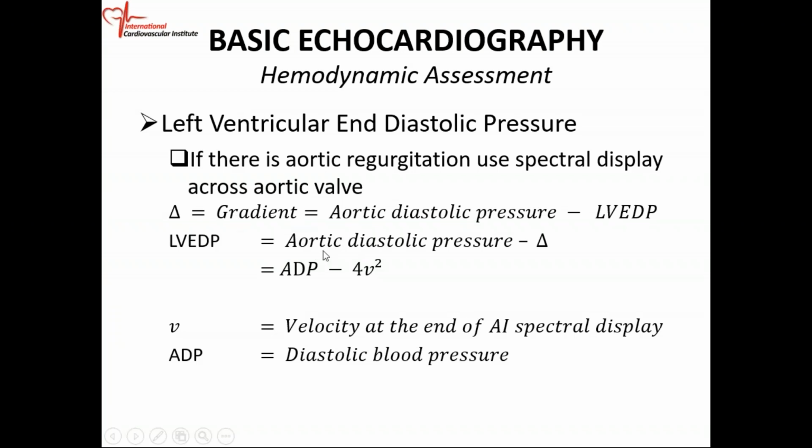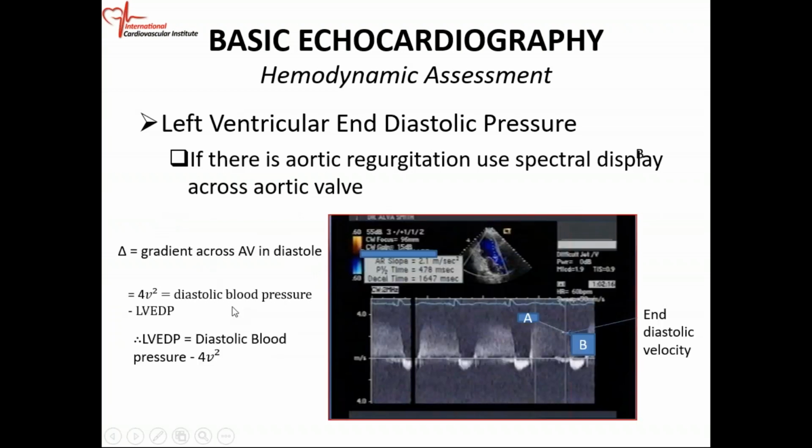And the gradient is equal to 4v squared. So your aortic diastolic pressure minus 4v squared, that's your left ventricular end diastolic pressure. Okay? So left ventricular end diastolic pressure is equal to the diastolic blood pressure minus 4v squared. So you get this velocity, your end diastolic velocity, you square it and multiply it by 4, and you get your left ventricular end diastolic pressure.